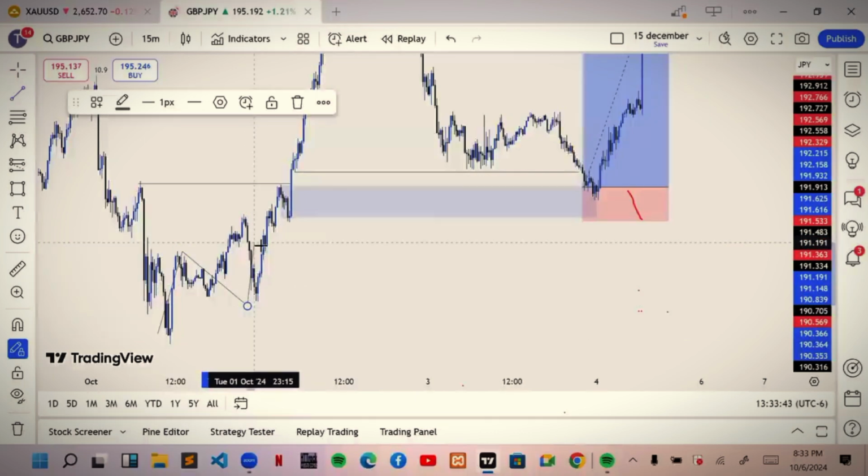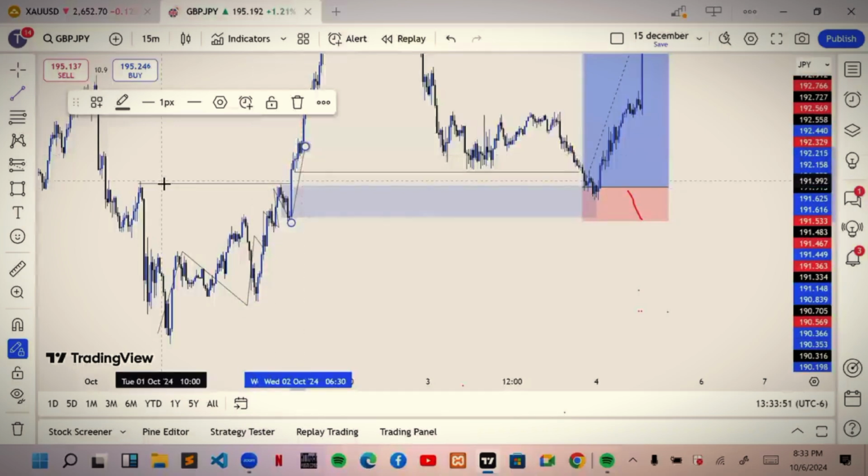Higher highs and higher lows, higher highs and higher lows, higher highs, higher lows. Then what did it do? It broke past this key level, being a resistance zone, but it still broke past it while still maintaining the uptrend that it was on before. So this is the difference between a break of structure and the market structure shift.